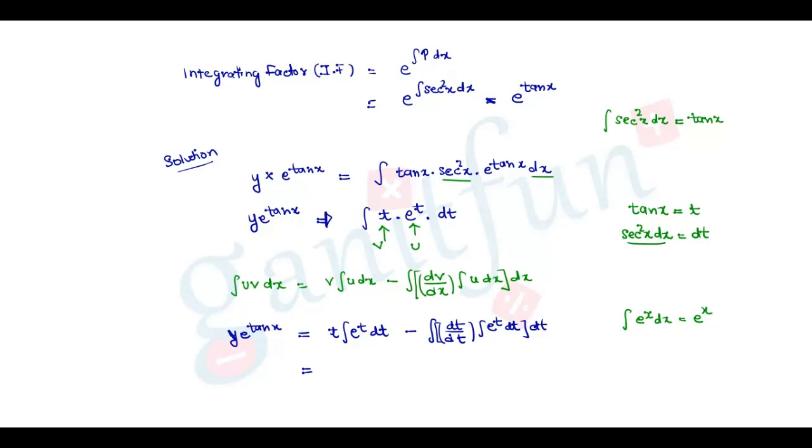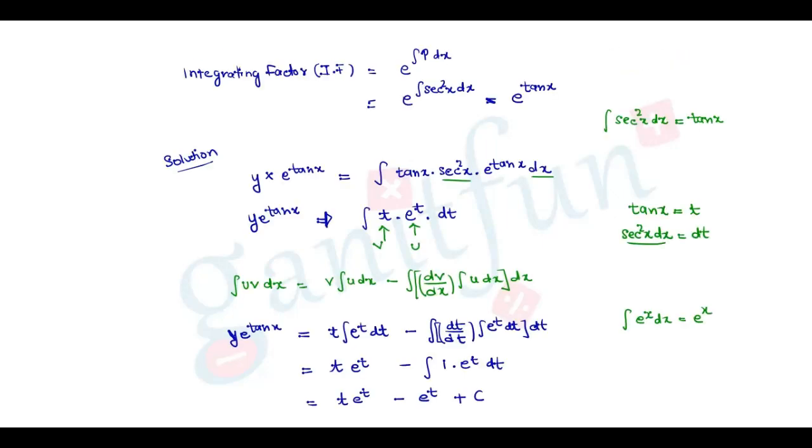So t into e power t minus differentiation of t is 1, e power t again into dt. Now integrating this, t e power t remains same minus integration of e power t is e power t, and for both the integration we write a common constant, which is c.